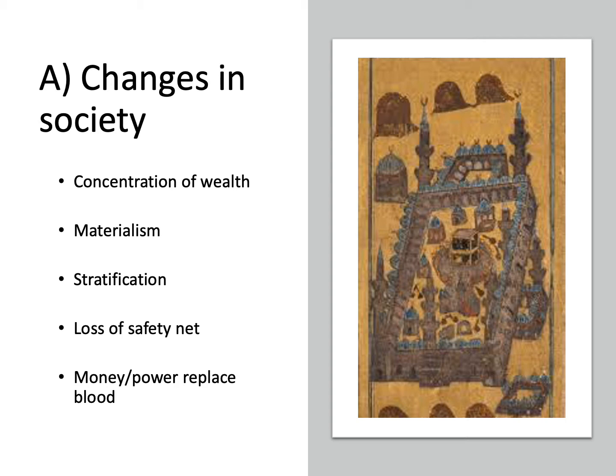And so you now have a much more hierarchical society than you do when it's still tribal, and you don't have those significant differences in people's economic status. The other thing that starts to happen is that money and power and one's position in this hierarchy start to become more defining, and that blood connection, that you're related to someone, becomes less significant.